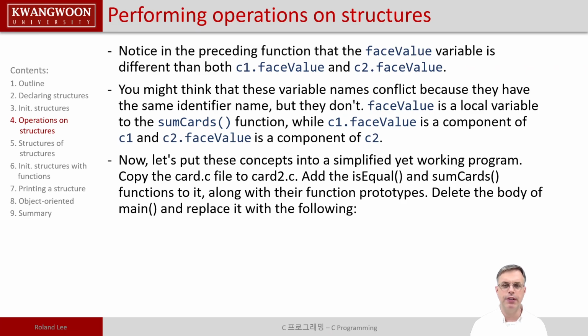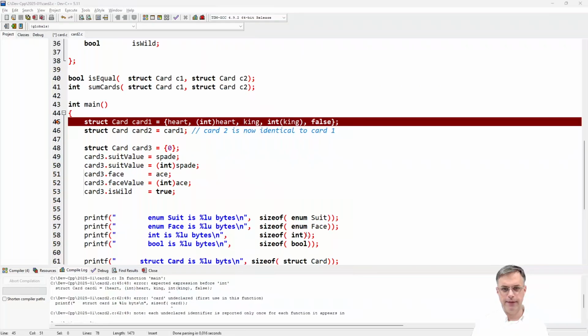Now let's put this concept into a simplified yet working program. This time it says copy the two programs and add the is equal and sum cards functions along with their function prototypes, and delete the body of main to replace with the following. So here we have it. Okay, let's do that. So we got it in main, struct card1, card2.